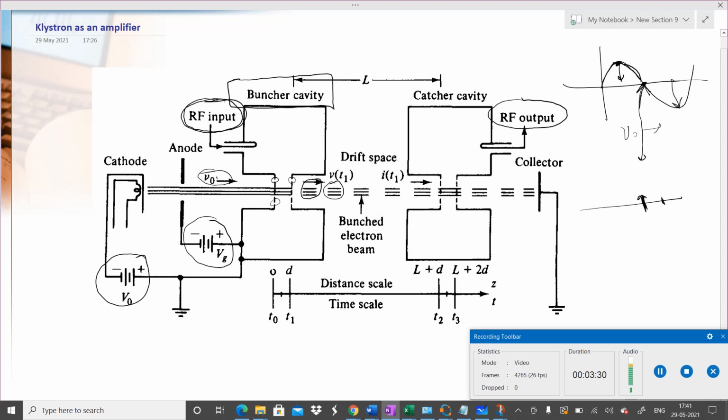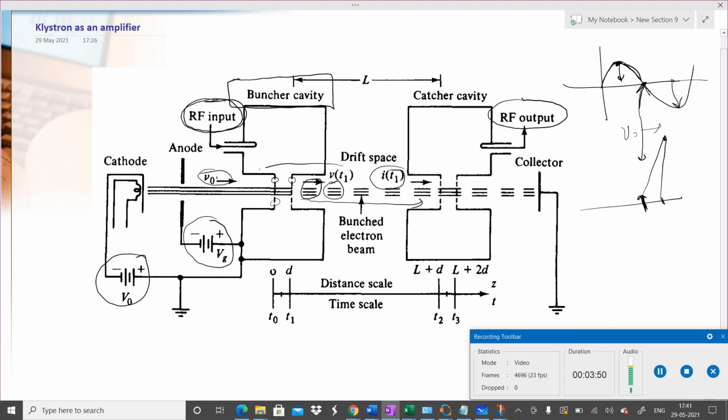So after some time, these two electrons will meet together, right, and they will form a bunch. Similarly, it will form a series of bunched electrons. In fact, the current which will be generated because of these bunches of electrons will be sinusoidal in nature.